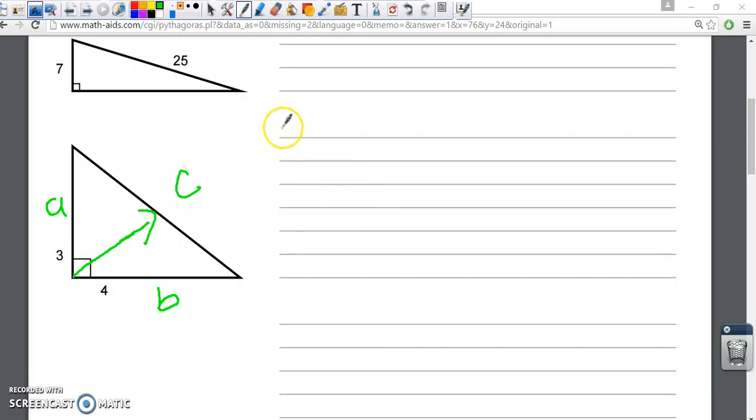Okay? So, again, write the formula, A squared plus, I can write that better. In fact, I'll write in a different color. Okay, A squared, that's A, remember, not a 9, plus B squared equals C squared.